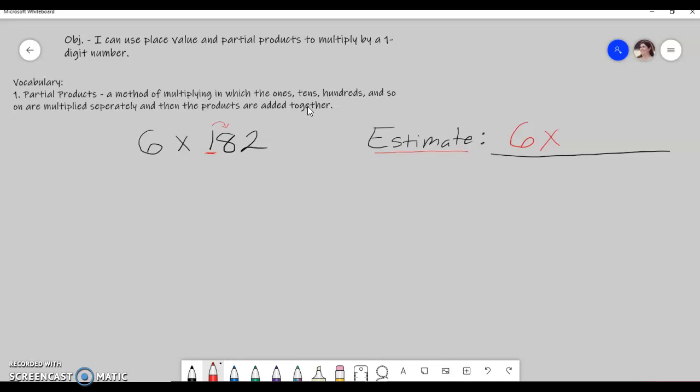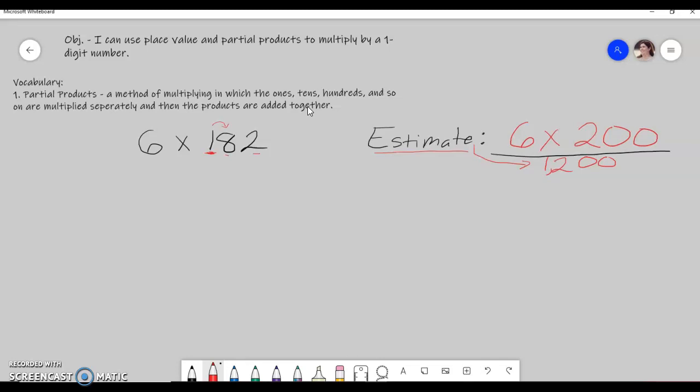So because this is an 8, that tells me what am I going to do with that 1? Yes, it's going to become a 2, and the 8 and the 2 turn into 2 zeros. So our estimate is going to be 6 times 200. So 6 times 200, that equals, let's see here, 6 times 2 is 12, and I bring down my 2 zeros. So my estimate is that my answer is going to be somewhere around 1,200.